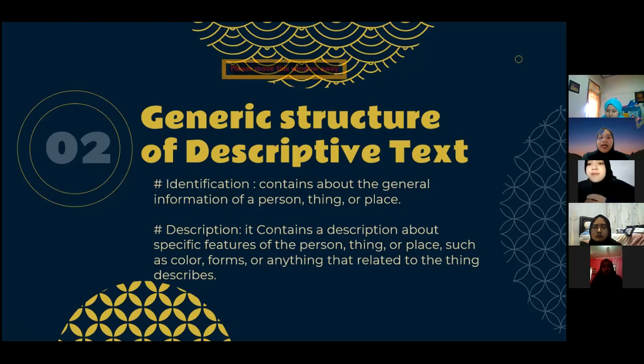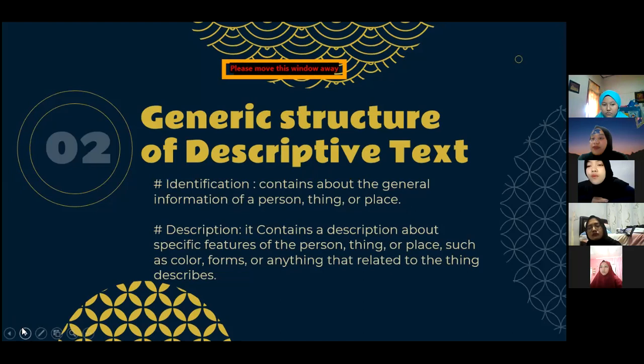Okay, but if we look back to the first example, we can find when the Borobudur temple was built and the location. Those two are the general information that give you the identification of the text. If you look back to the second and third paragraphs, it is about the specific information, like the height.